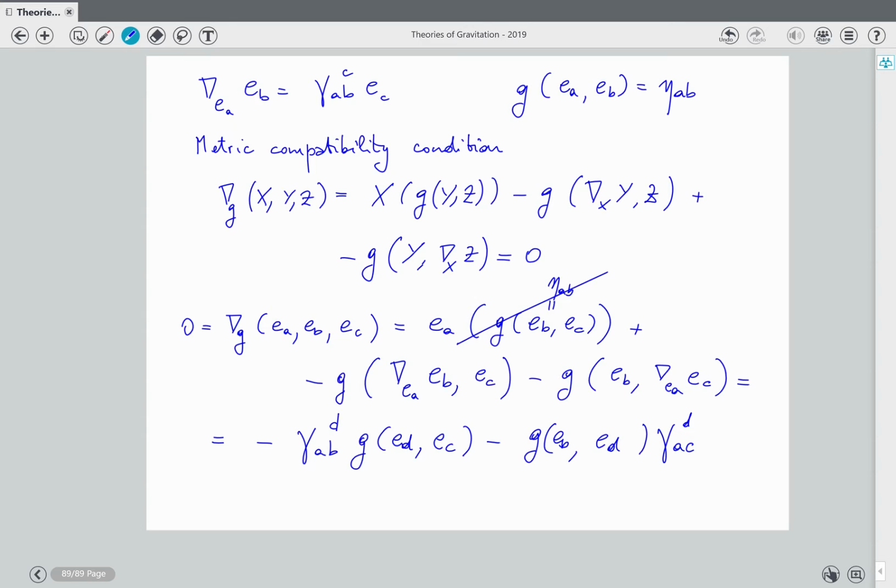But again, this is nothing but the flat space metric, so you have minus gamma^D_{AB} eta_{DC} minus gamma^D_{AC} eta_{BD}.